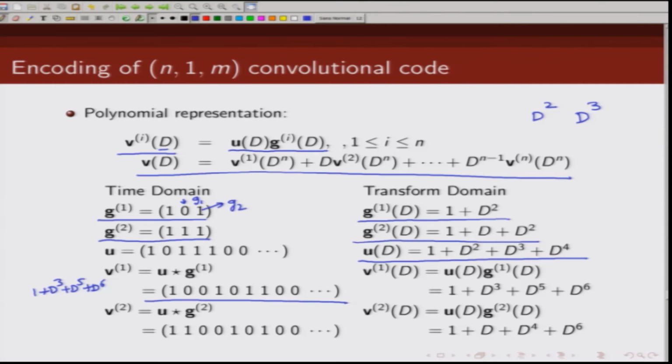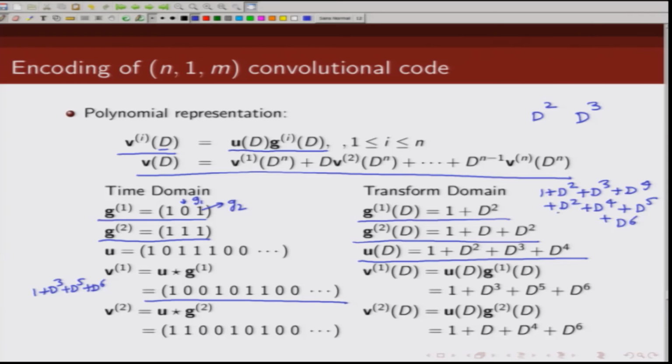So, if we multiply UD by G1 of D, 1 times this will be 1 plus D square plus D cube plus D4, plus D square times 1 is D square, this will be D4, this will be D5 and this will be D6.